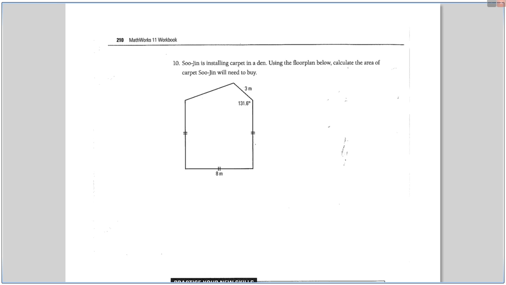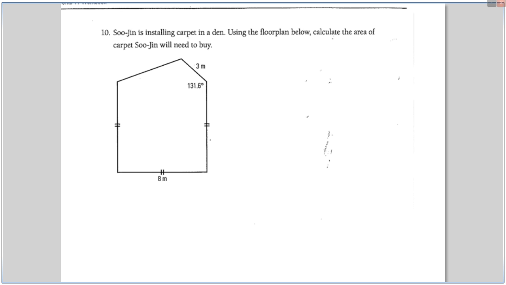Okay, Sujin. He's doing area. Okay, this guy's doing area. So, listen up. Where am I going to draw the line? Good, across. You guys see it? Because you have to make shapes that you're more familiar with. Okay, line goes across like this.